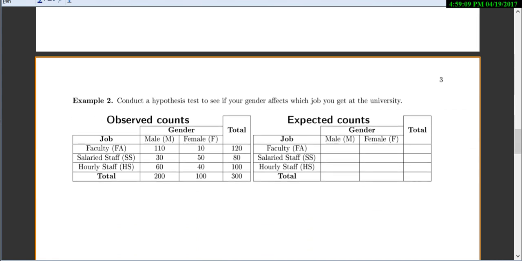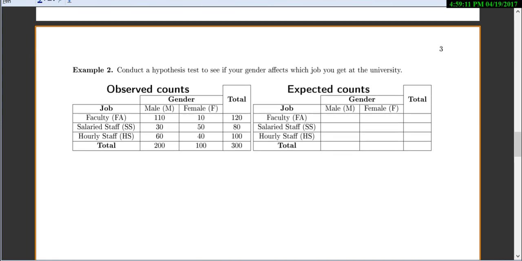So let's try this out for our data. Again, here's our job and gender. We have all of our observed counts, and now I want to fill out a separate table with the expected counts. Remember, we already found males is 80. Now I need to do this for all of the rest, which takes a while. This is the only time where I have you do some work before you start doing alpha, your level of significance, and your hypotheses.